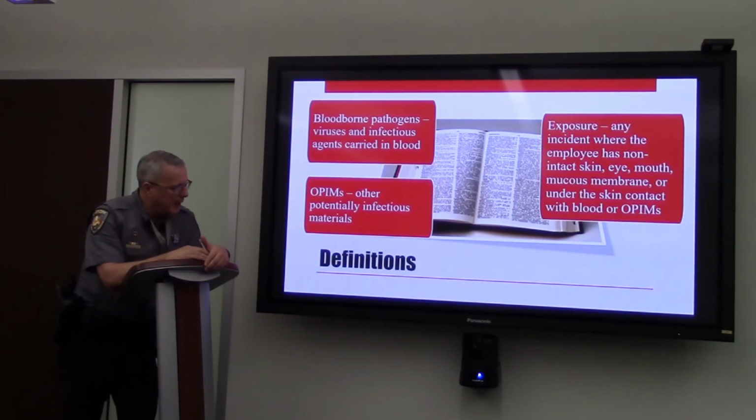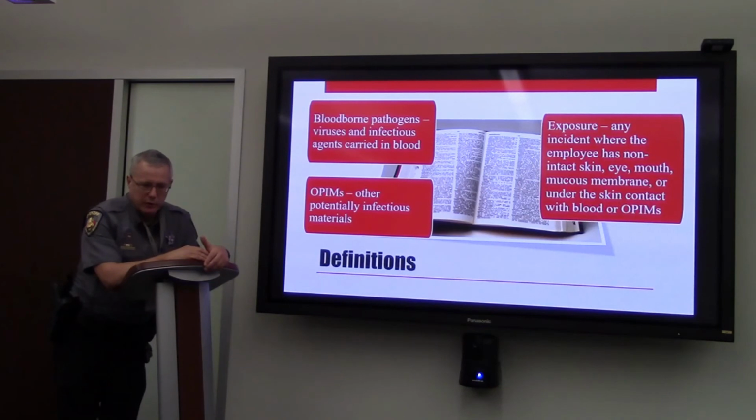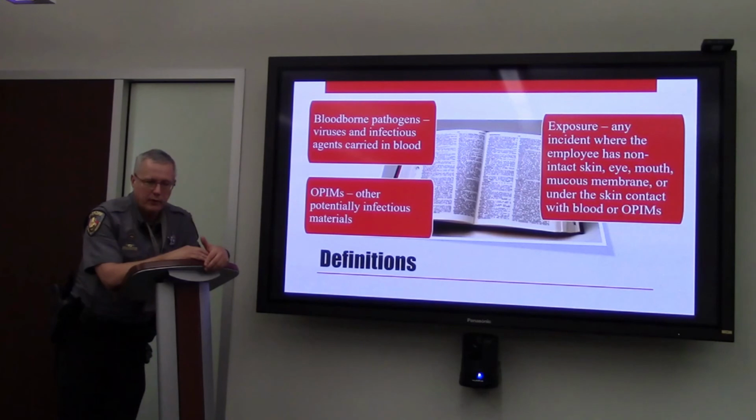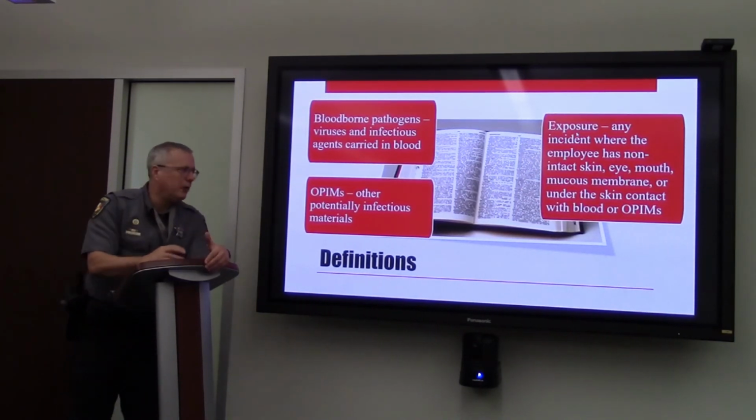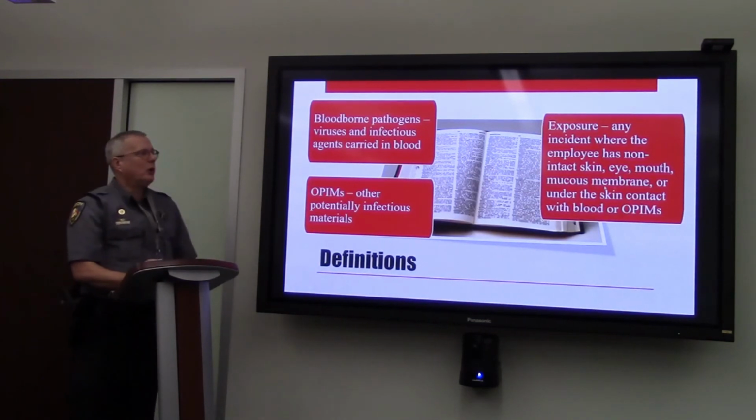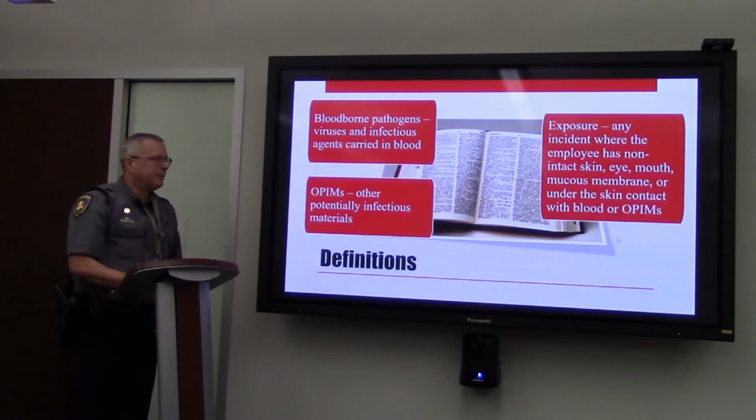So those are a couple of magic numbers that you need to remember just for your own benefit. If you're around a person and you're with them for more than 15 minutes and you're closer than 6 feet, if they have coronavirus, if they have a COVID infection, at this point you've been exposed to it. So you need to assume that at that point you've had an exposure, and that of course would start the whole quarantine issue.